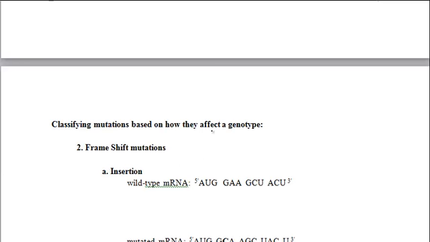The next set of mutations are called frame shift mutations because they do what's called shift the reading frame.